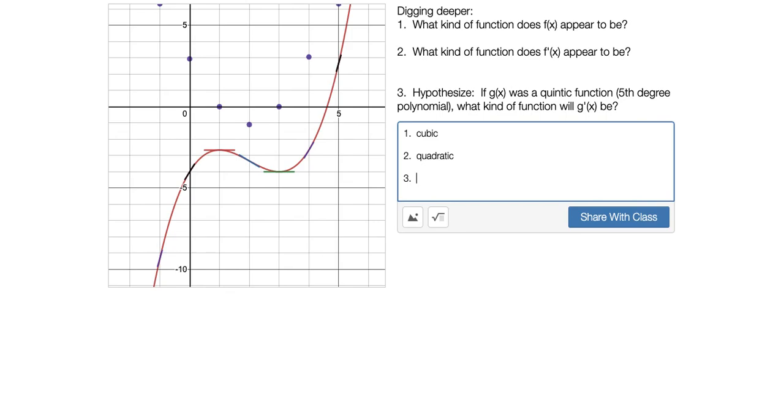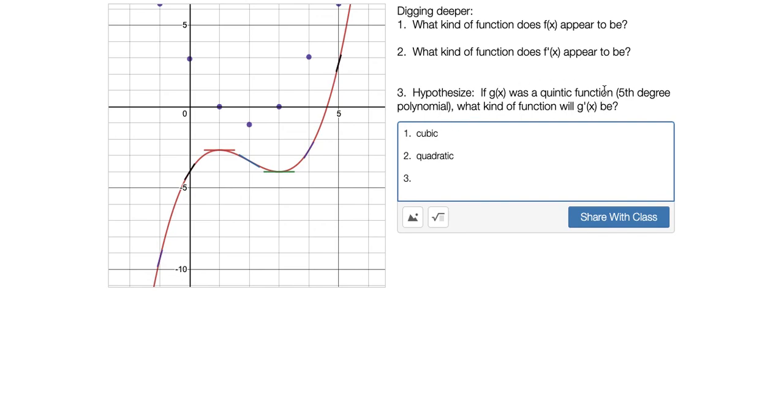So we saw a couple of pages ago that a linear function, a straight line, whose degree is 1, has a derivative with degree 0, a constant. And here we see a cubic function, degree 3, has a quadratic derivative, degree 2. What do you think a quintic function's derivative would be?